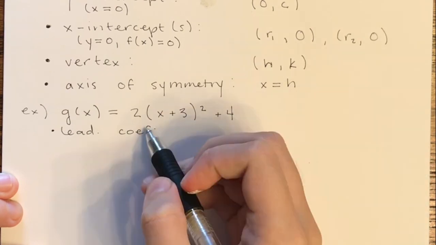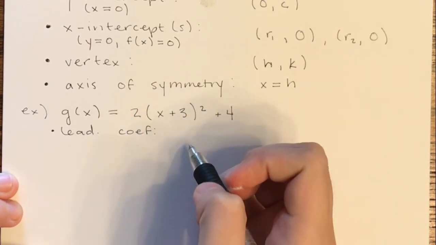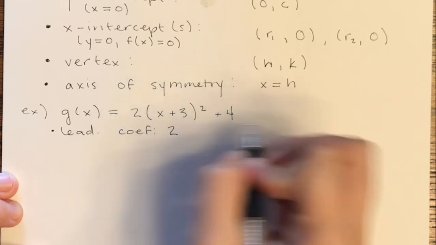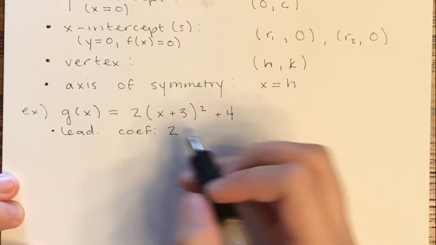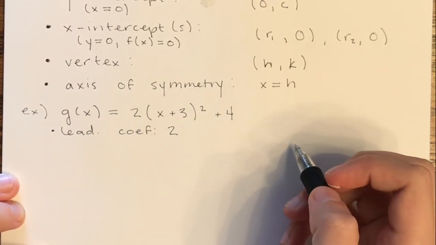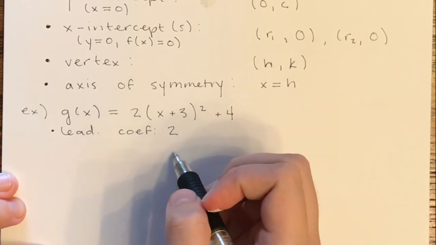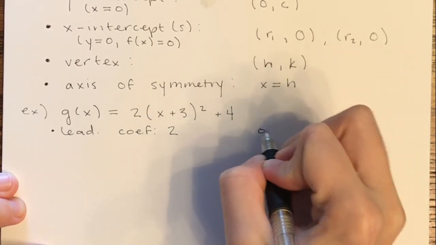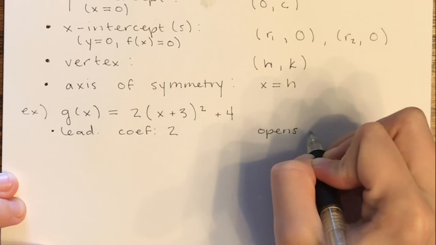Well, in each of our forms, it's always the coefficient out front. So as long as we're in one of our regular forms that we might see, we can just check for the leading coefficient out front. This leading coefficient tells us that the parabola opens up or down.